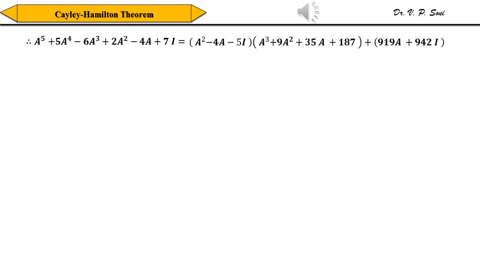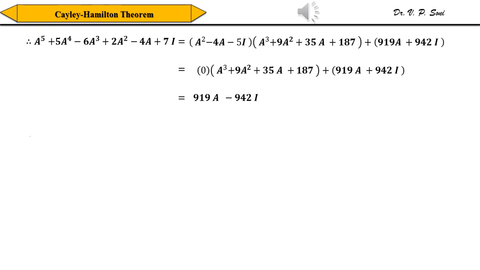Now we know that A satisfies the characteristic equation, therefore A square minus 4A minus 5I equals 0. Therefore we get the matrix equal to 919A plus 942I.